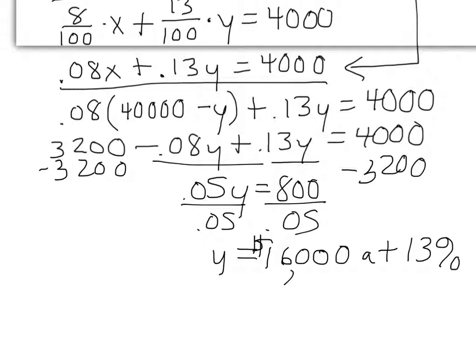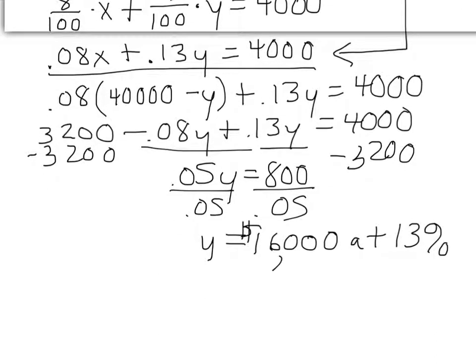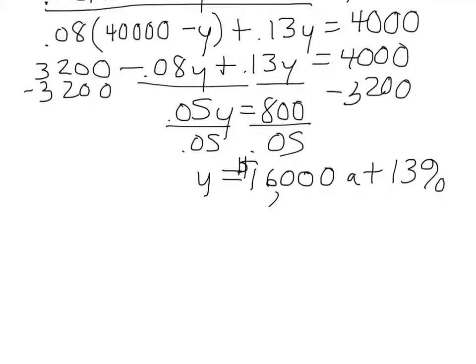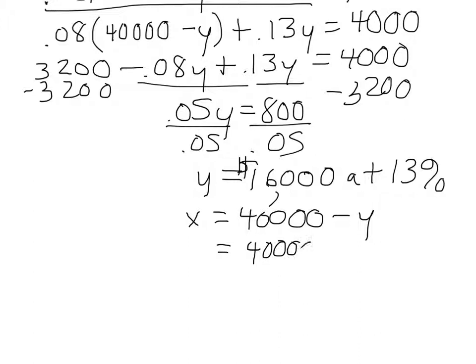We have a total of $40,000 to invest. X plus Y is 40,000. So what is X? 40,000 minus $16,000. $24,000.